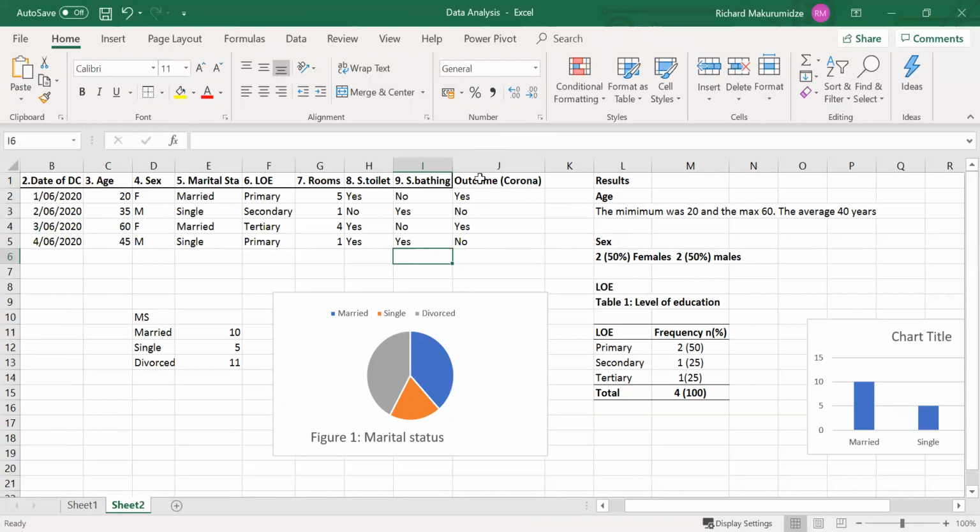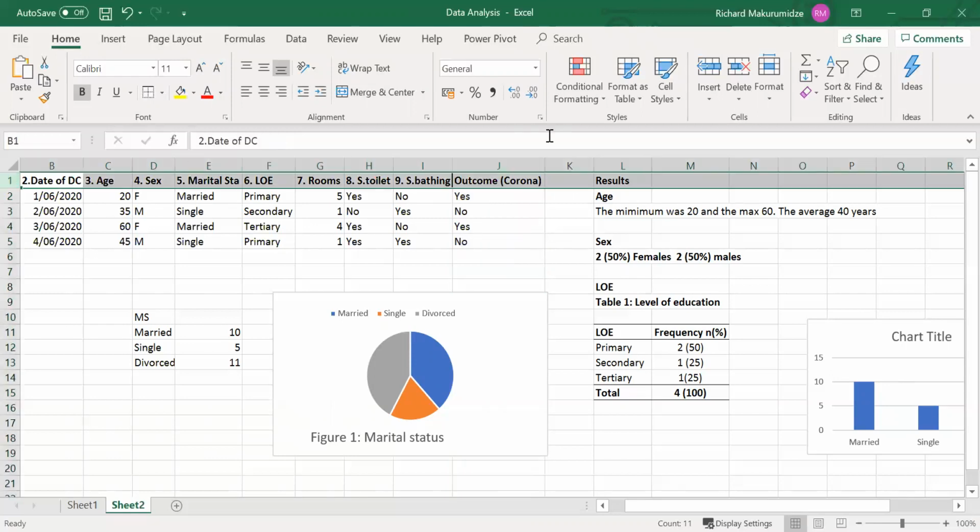Remember, I always say risk factors associated with what, or I want to assess factors associated with whatever you want to assess; that is your outcome variable. You then want to see the relationship of that outcome variable with your independent or exposure variables. In this case, my thing is about corona.